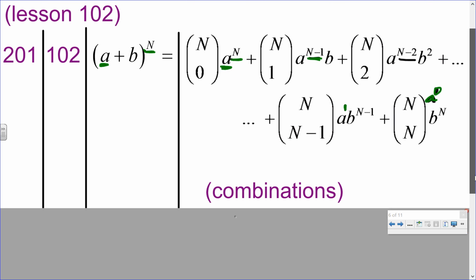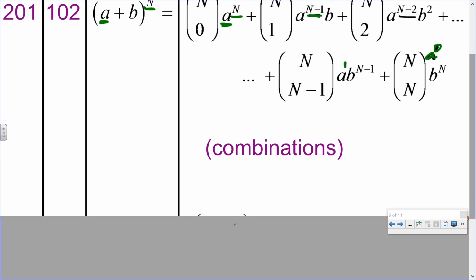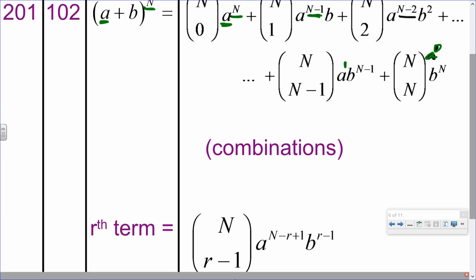Now that also means if we want to figure out just one particular term of that, the top part in the combinations is going to be n every single time. If it is the first term, we have 0 b's, so 1 less than that.